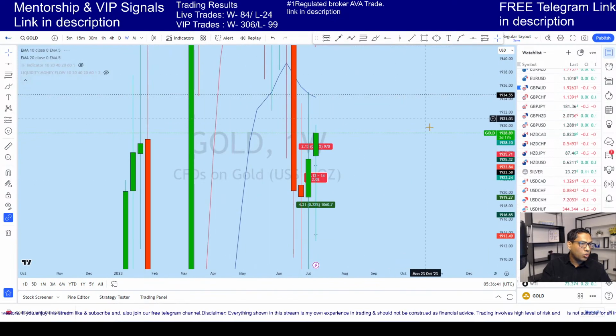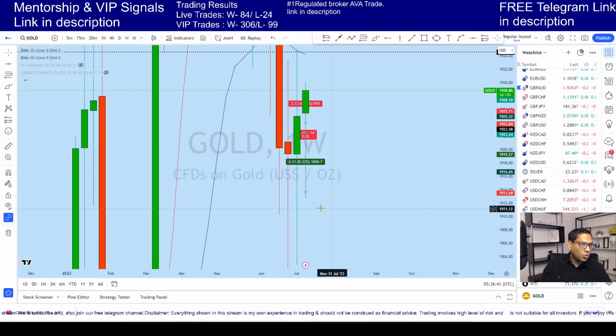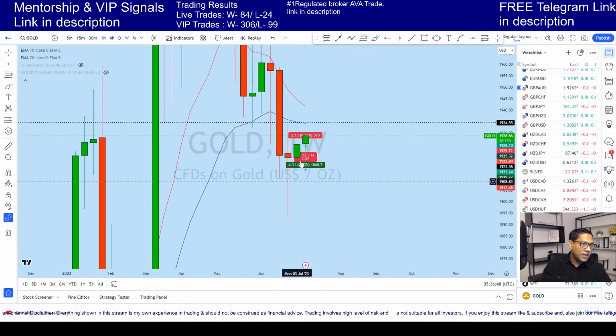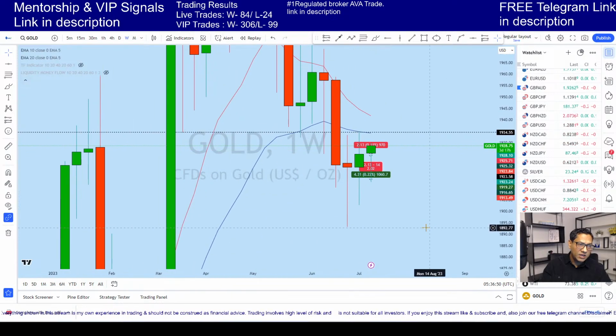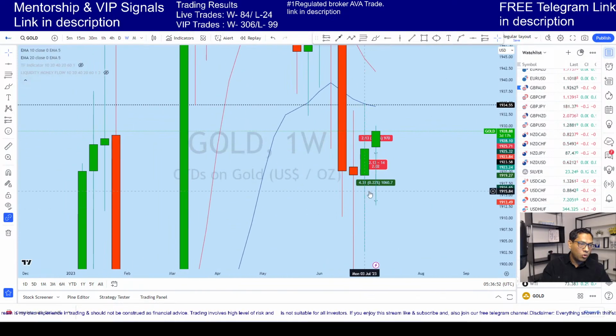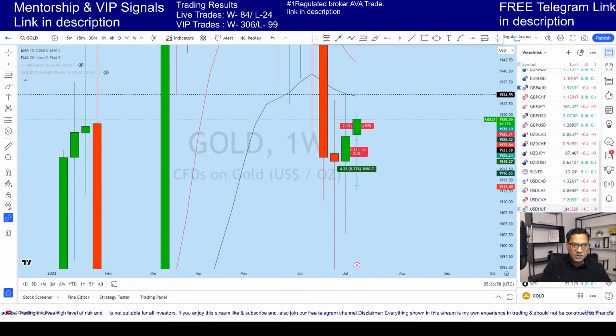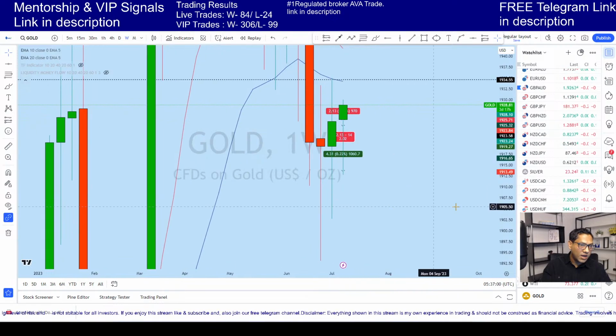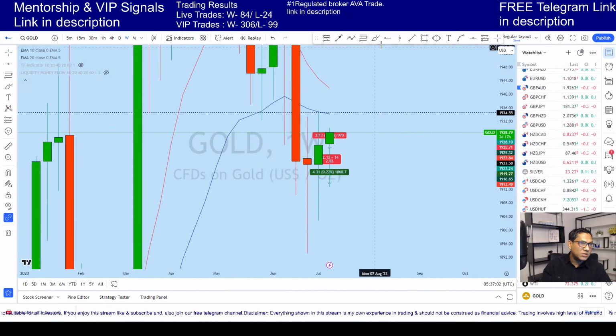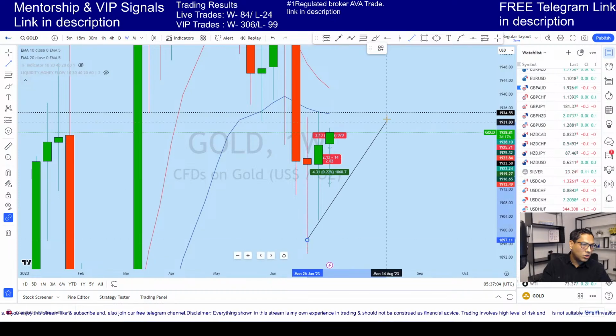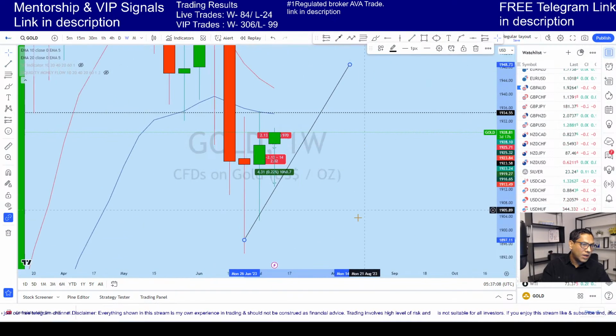Now looking at the weekly, you can see this is the weekly support level. Gold has come to this level and created this balance, which is needed. Normally, if gold hadn't come down initially, I would say it might come back down again, but gold has done enough pullback to the downside, come back to this support level, and after testing it, had a bounce to the upside.